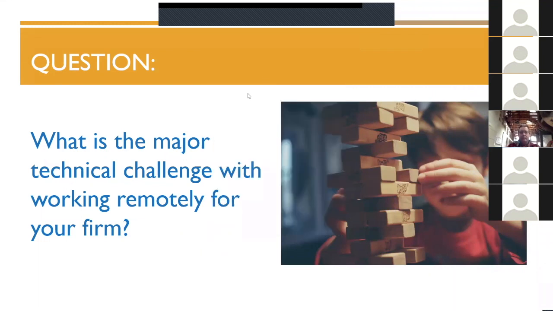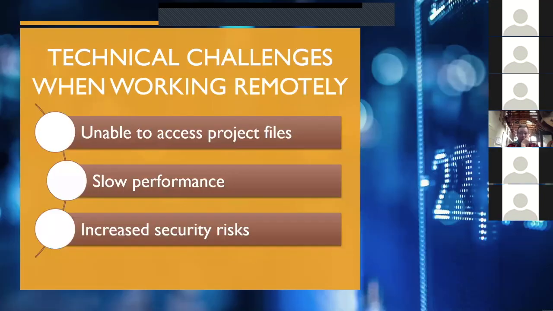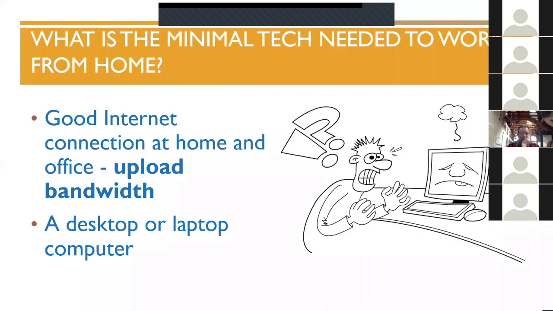So as we move on, we're going to take a look first at what the home internet setup looks like. And here are some additional things. I think we covered all of these: file access, slow performance, and increased security risks. So on the home setup, what do we need to actually work effectively remotely?